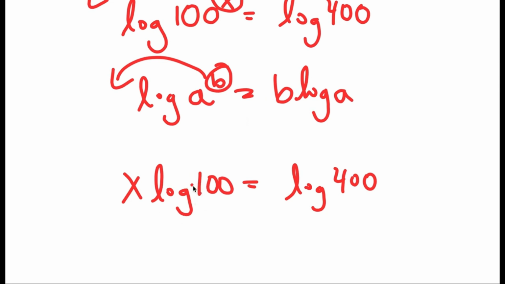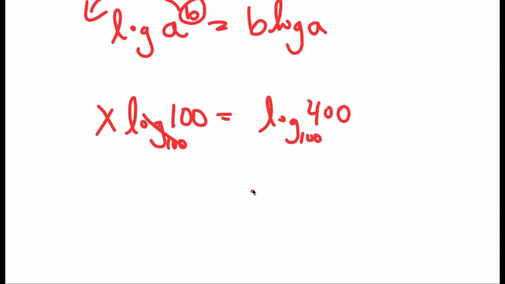Now, I'm going to take the log base 100. So log base 100 of 100 is just 1. And log base 100 of 400, well, 400 is the same thing as 100 times 4.